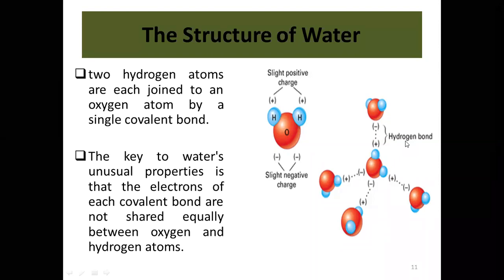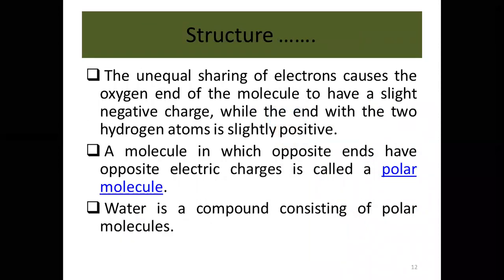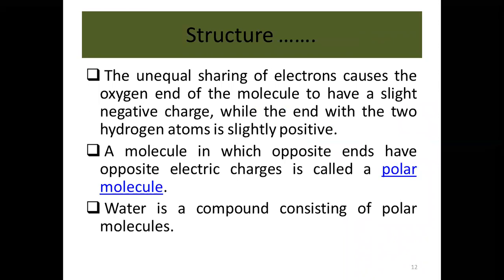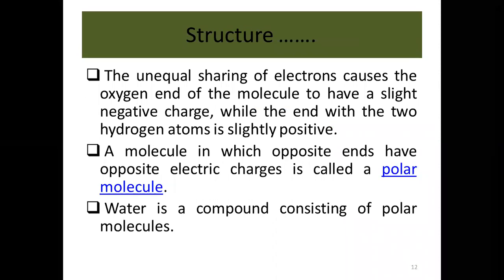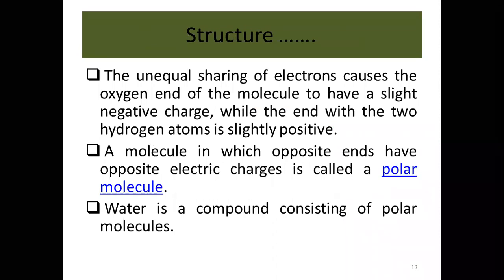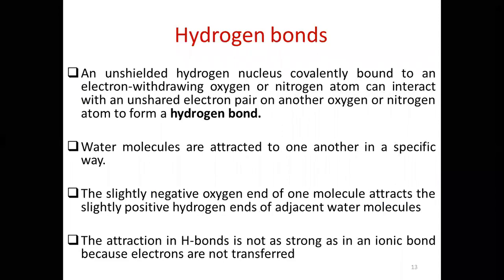So due to the polarity of a water molecule, it is able to form hydrogen bonds. The unequal sharing of electrons that I was talking about causes the oxygen end of the molecule to have a slight negative charge, while the end of the two hydrogen atoms is slightly positive. So a molecule in which opposite ends have opposite electric charges is called a polar molecule, and water is a polar molecule. So water is a compound consisting of polar molecules.